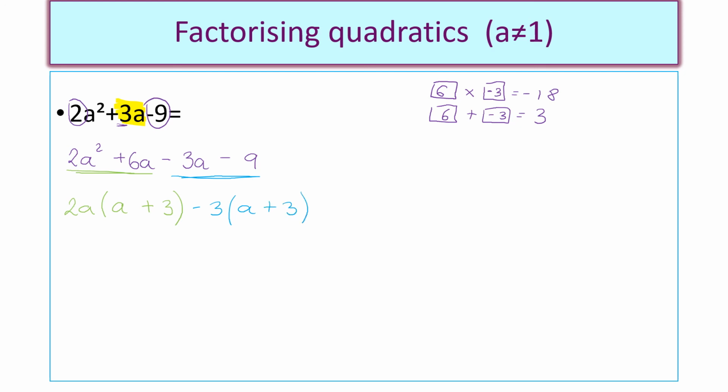So now my bracket becomes the factor, and what I've got left from the first expression is 2a, and from the second expression is negative 3. And that's the final answer.